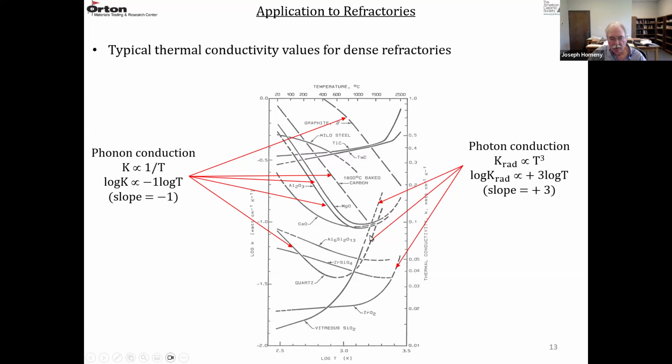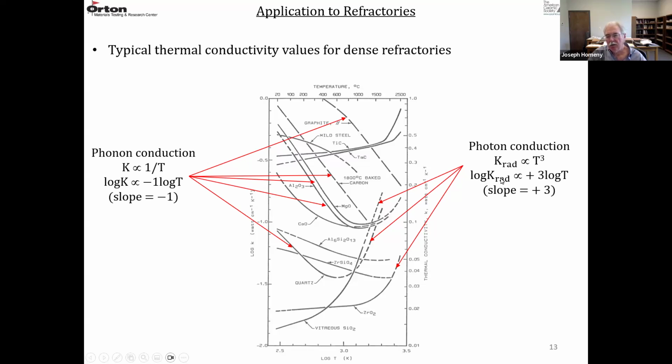And then these other materials, vitreous or fused silica, quartz, fine grain size zirconia, they start to show an increase in thermal conductivity at high temperatures, and that's due to photon conduction. So the conductivity due to radiation and the equations we developed, K is proportional to T cubed.